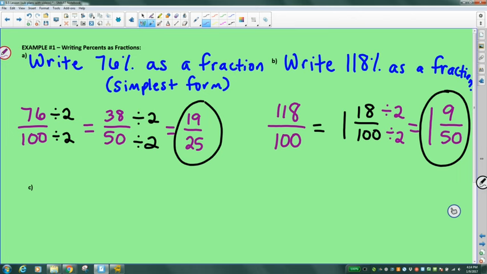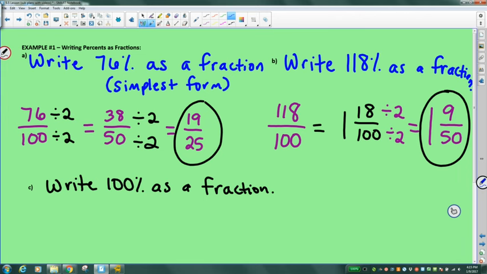All right, the last one that we're going to look at. We're going to write 100% as a fraction. Again, in simplest form. Okay, so when I get 100%, I'm going to write 100% as 100 over 100.